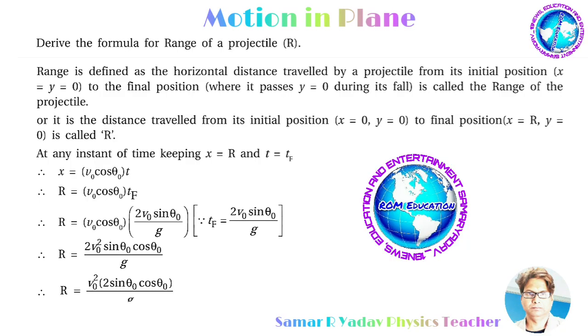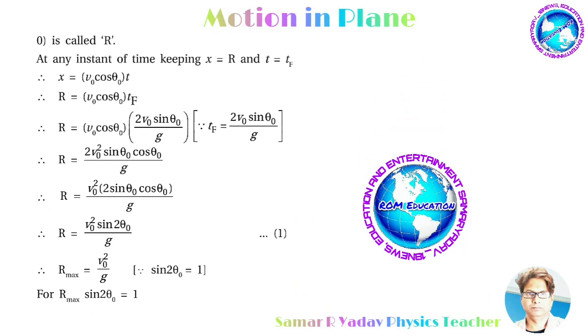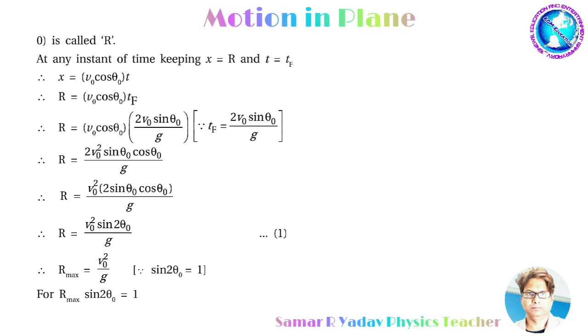At any instant of time, keeping x = R and t = Tf, x = (v0 cos θ0) t, therefore R = (v0 cos θ0) Tf.